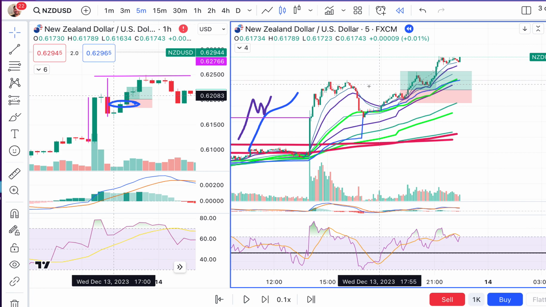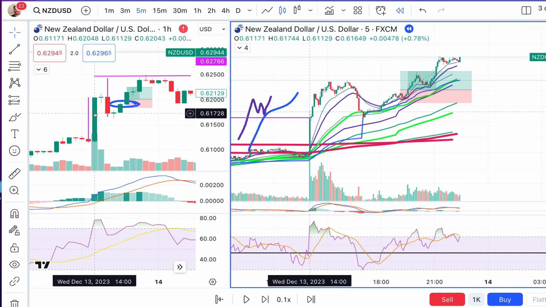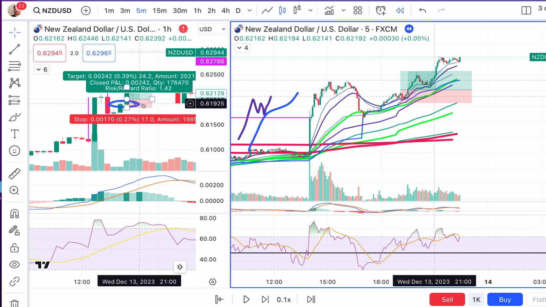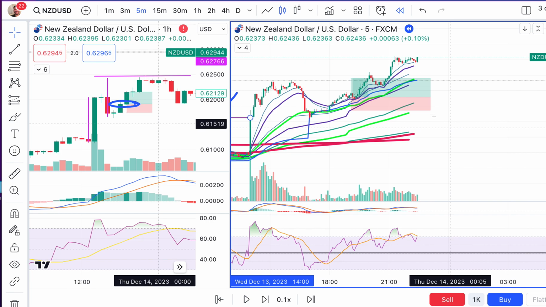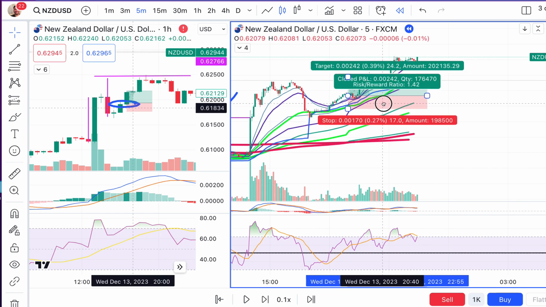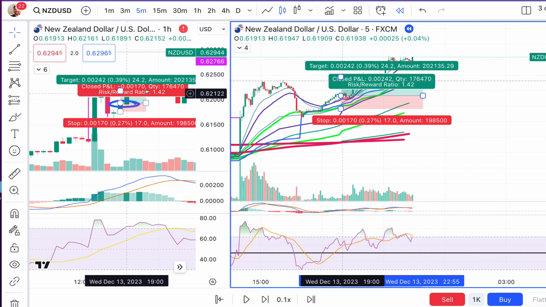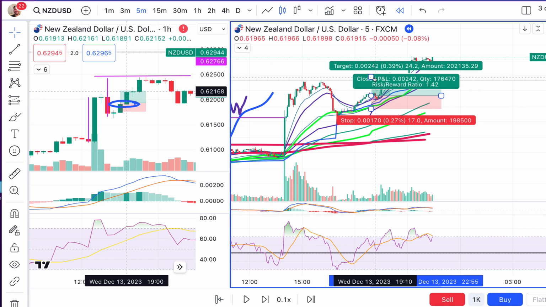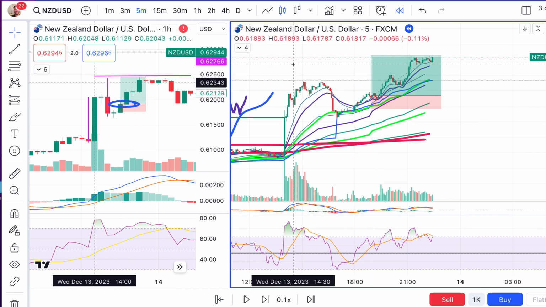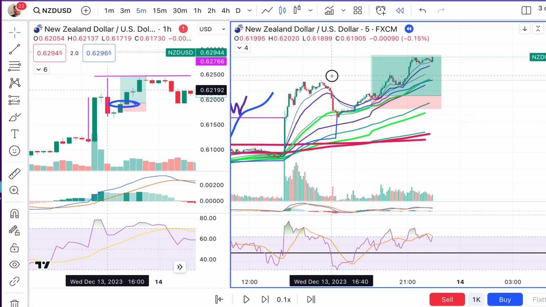The key is to find your giant impulse wave, your pullback, your continuation, mark the level, and then find your double bottom at that level. Use 5-minute candles. Take your trade, set your target, and hold for target. Okay, that's it for now.